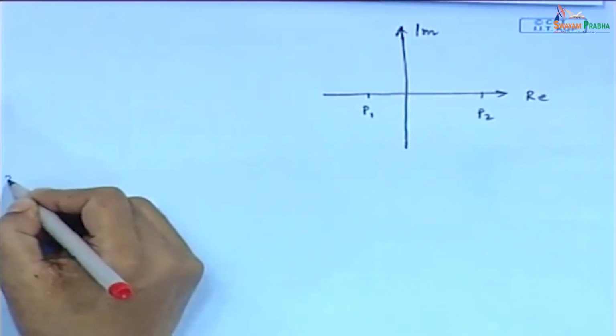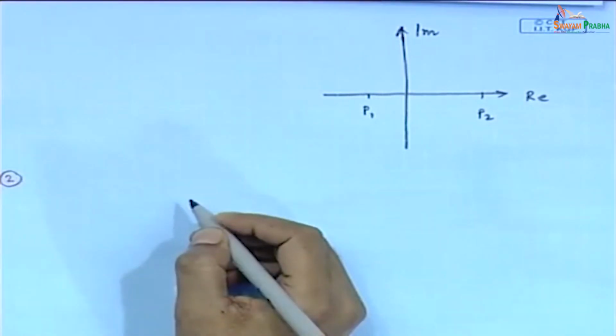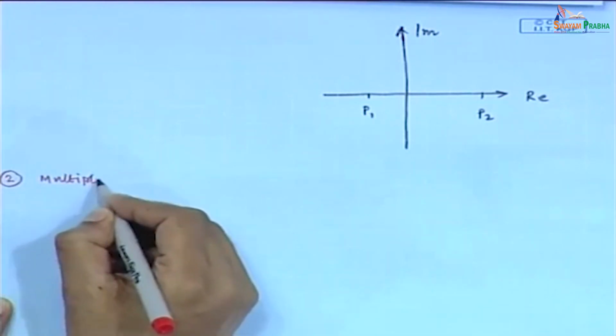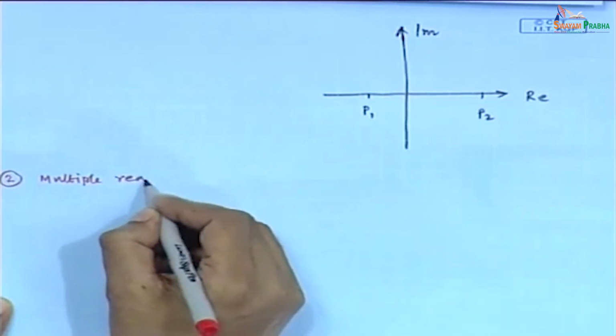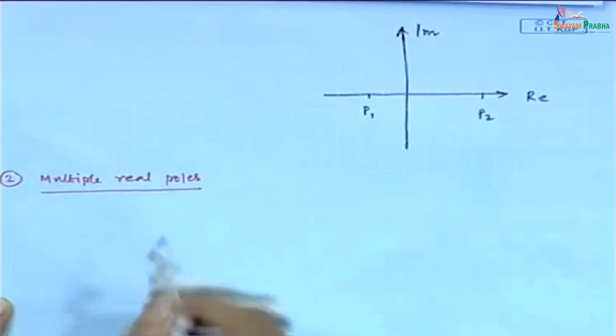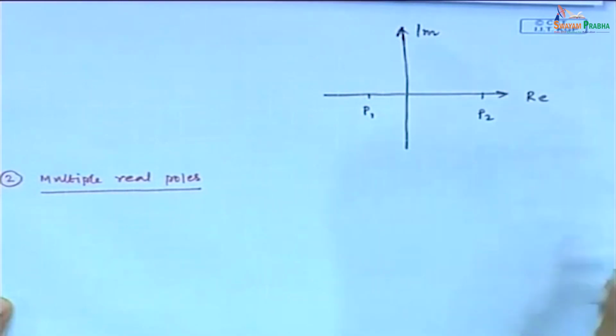In the second case, we will consider multiple real poles. That pole is P3 and that is repeated m times.